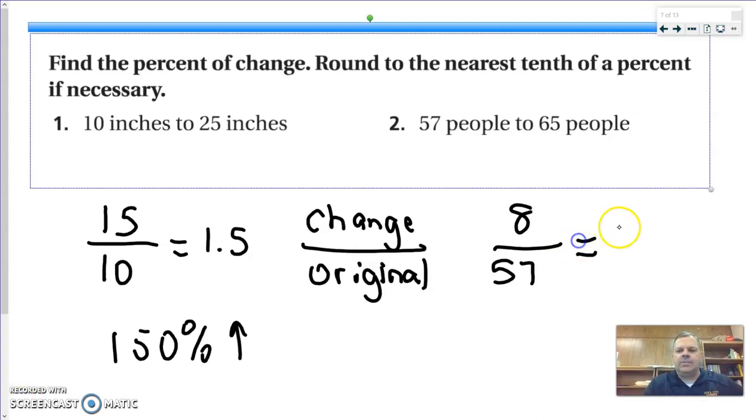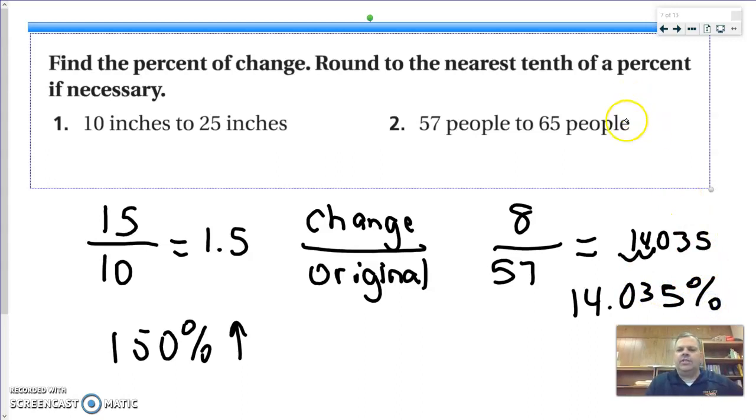That as a decimal is 0.14035 something something something, which is good because now we can move this 2 places, 1, 2. So we will get 14.035%. When we round it to the nearest tenth, here's the tenths place. That 3 does nothing, so we can say 14%.